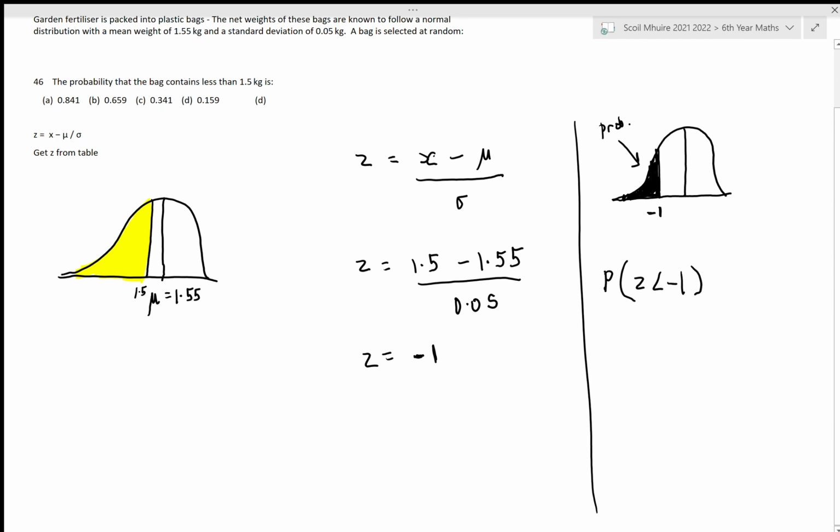Okay. So our Z-score tables only give us Z-scores that are positive numbers, not negative numbers. So you need to convert this Z-score of -1 into a positive number. So this is the same as trying to find the probability that your Z-score is greater than 1.